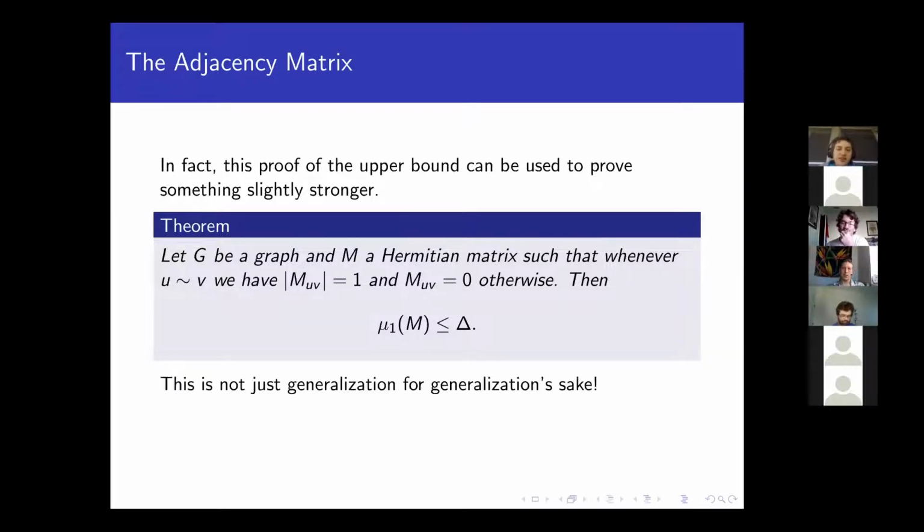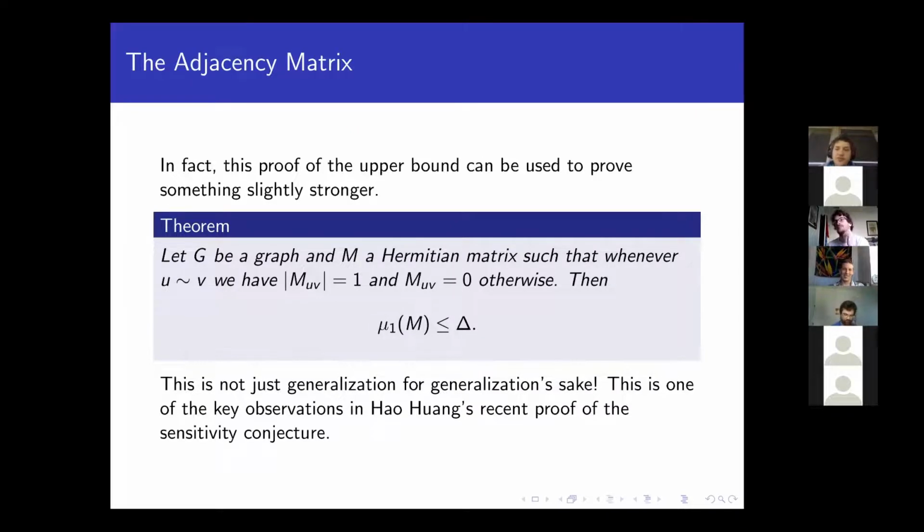But fortunately, that's not what this is. This is actually genuinely a useful observation in something that I'll prove for you in a moment, namely Huang's proof of something called the sensitivity conjecture. This was proven, I think, in early 2019, so fairly recent, and it solved this outstanding problem in computer science using almost just basic linear algebra, basically, and this observation.